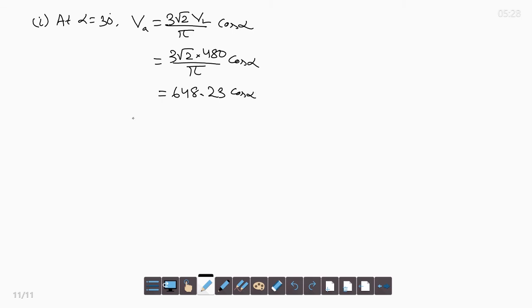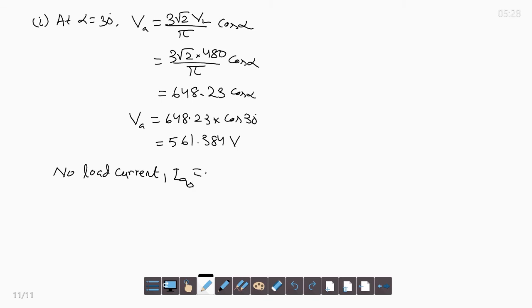So V A equals 648.23 into cos 30 degree, which is 561.384 volt. No load current I A 0 is 10% of 165, so 16.5 ampere.